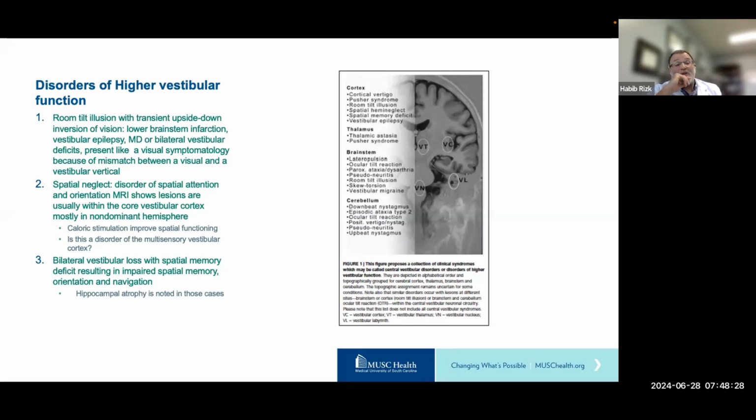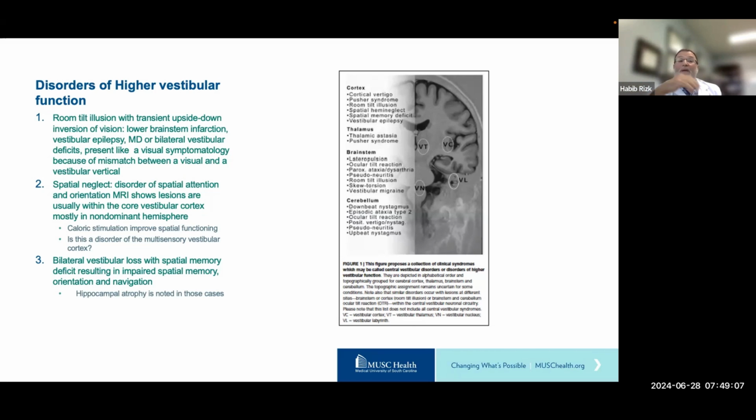I've also seen it happen once after a labyrinthine plug for a canal dehiscence, where the patient in the recovery room described a complete inversion of their visual environment that eventually settled down, thought to be due to an injury or an inflammation to the utricle after plugging the labyrinth. I've also had a couple of Air Force pilots, who are usually very resilient to cross-modal illusions because when they fly upside down, they are trained to overcome that sensory misperception, who presented with episodic visual tilt illusion.